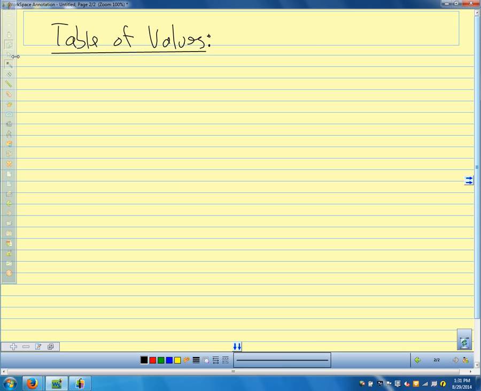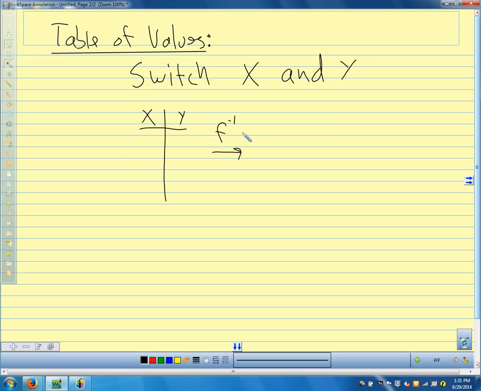They switch them. Perfect. They switch the x's and y's. The domain turns into the range and the range turns into the domain. So if we have a table of values like this, and we form the inverse, it's going to switch the x and the y. Switches them around.